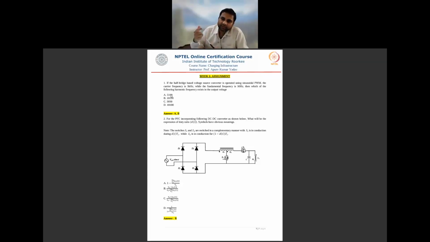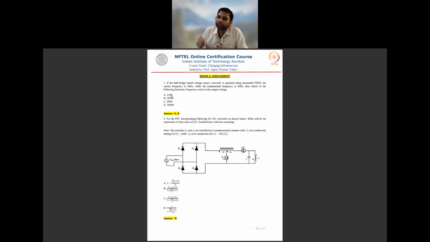And then when we keep i equal to 2, that means i is an even quantity, then j will be an odd quantity. So when we keep i equal to 2, it will be 10,000 hertz. Now we have the harmonics near to the 10,000 signal. So 10,000 will be there.